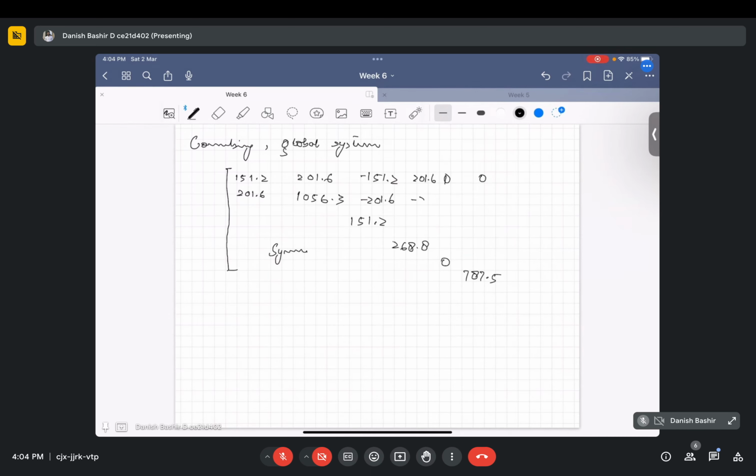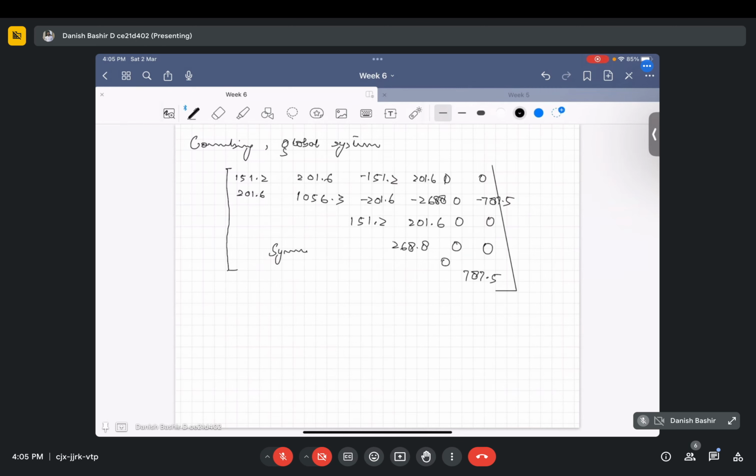This will be minus 268.8. This will be 0 again here. This will be minus 787.5. This will be 151. This will be 201.6. This will be 0 here again. Okay, later on I will correct this in notes when I will upload.